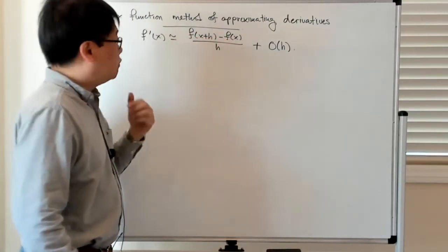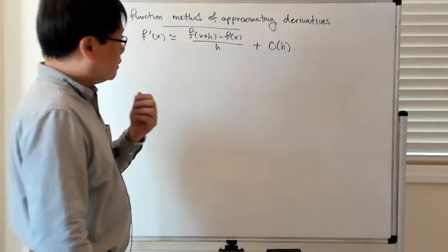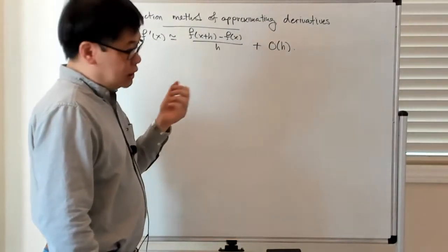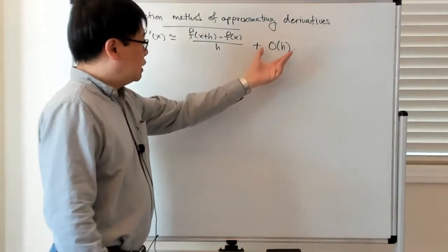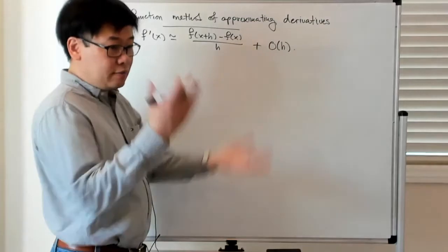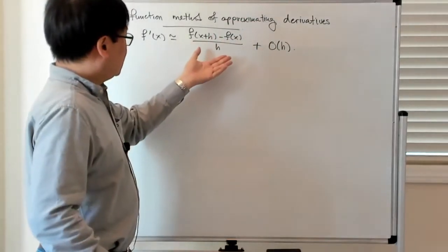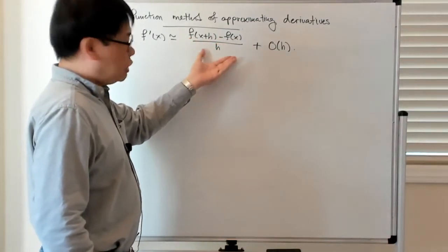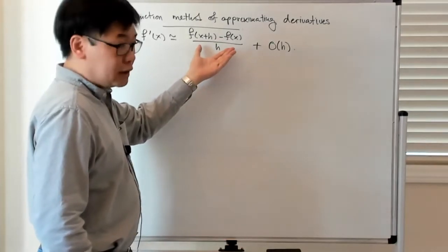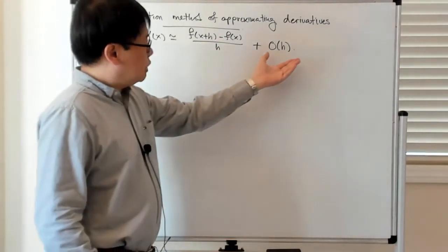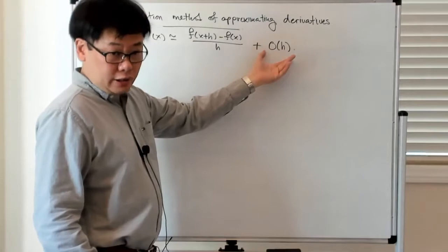On the other hand, if your h is moderate, then there is the truncation error term. So you have to balance the trade-offs between h being too small and suffering from significant round-off error, and h being too large and suffering from significant truncation error.